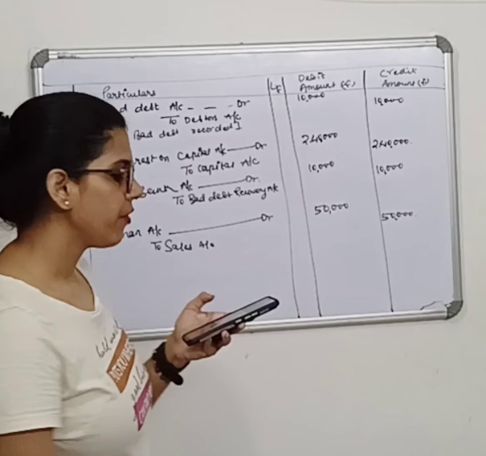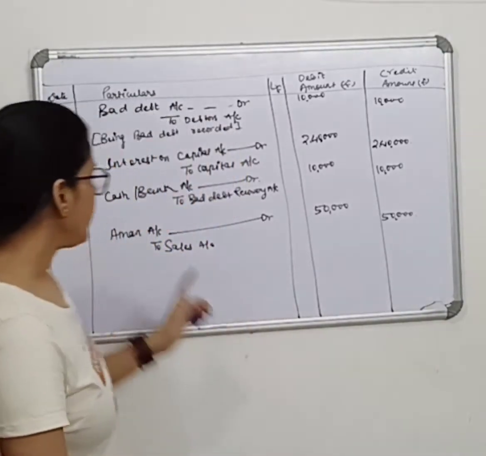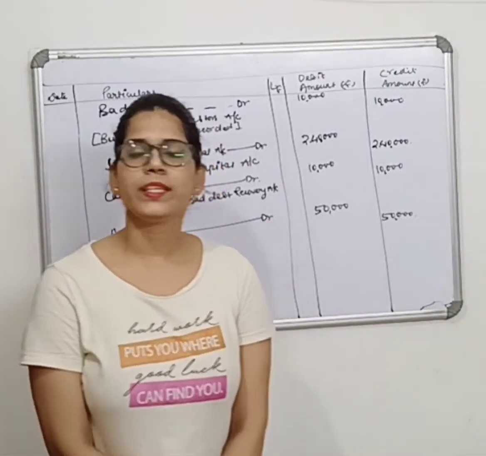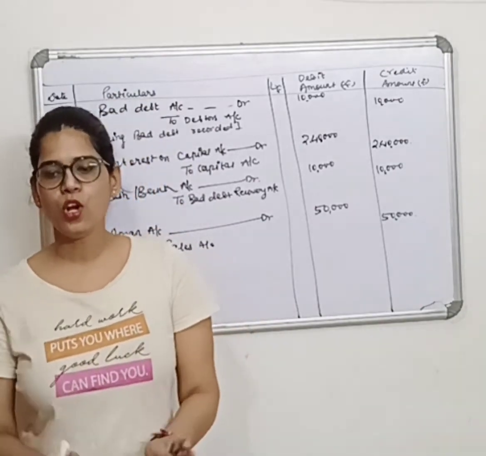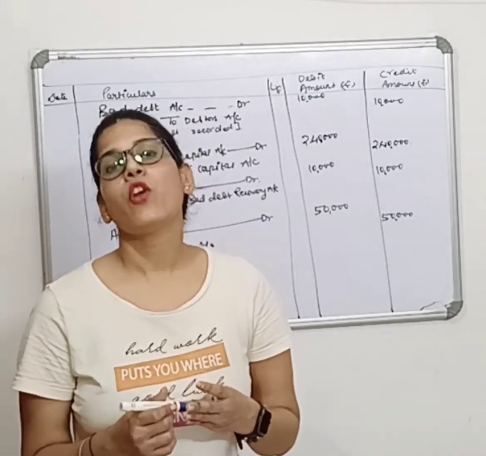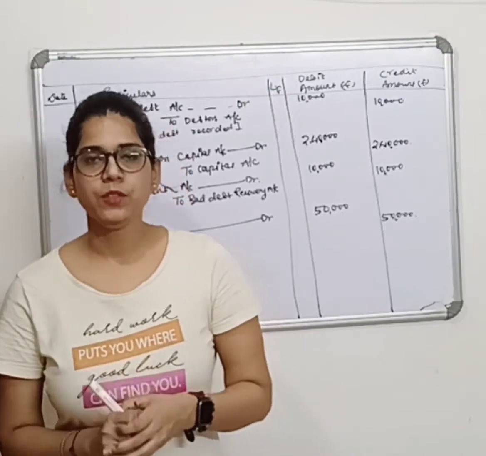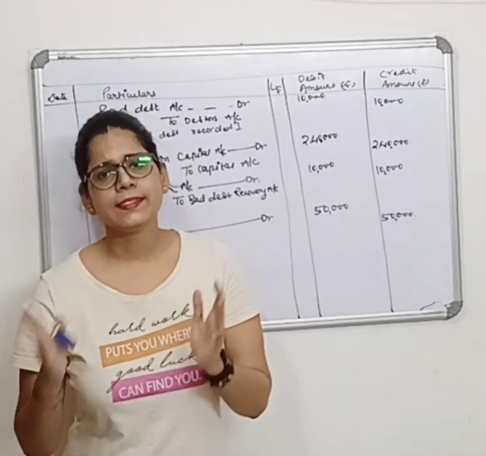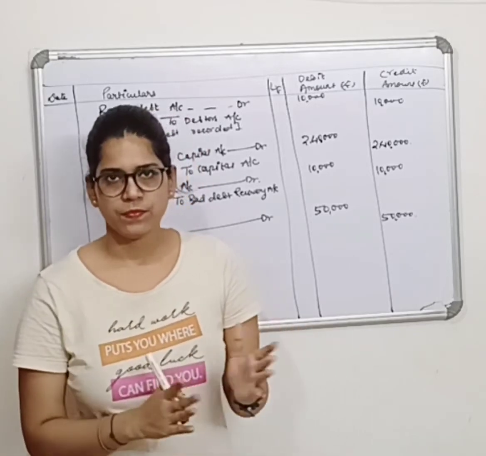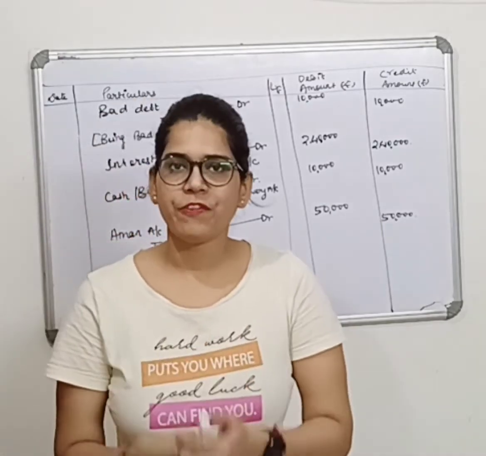So next entry is received 48,000 from Aman in full settlement. In this journal, we sold goods to Aman for 50,000, and this was a credit sale, as in we sold on credit. Now Aman has paid us rupees 48,000 in full settlement. What is the significance of this? Sometimes it may happen that a credit sale or a credit purchase gets settled at an earlier date. To settle this, we offer some discount.